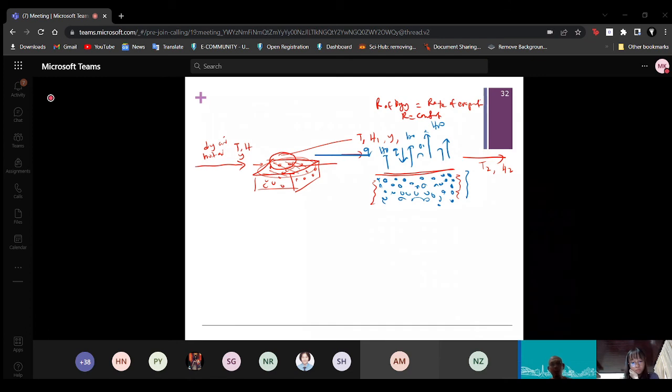So this is the kind of question that may be asked in the quiz. So explain the mechanism, what actually happened during the constant rate period, what happened in the falling rate, for example. Right? So if you do not understand, please ask to clarify things. Okay, do not pretend that you understand kalau betul-betul tak faham.